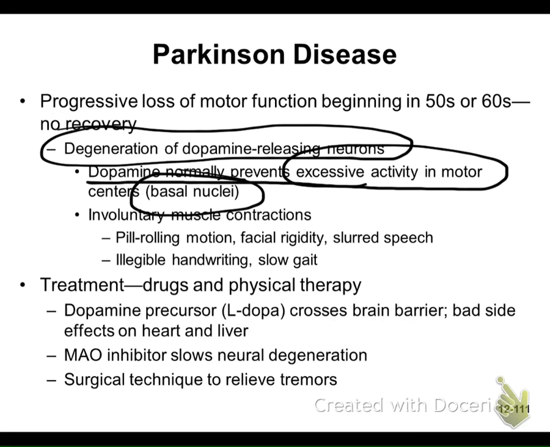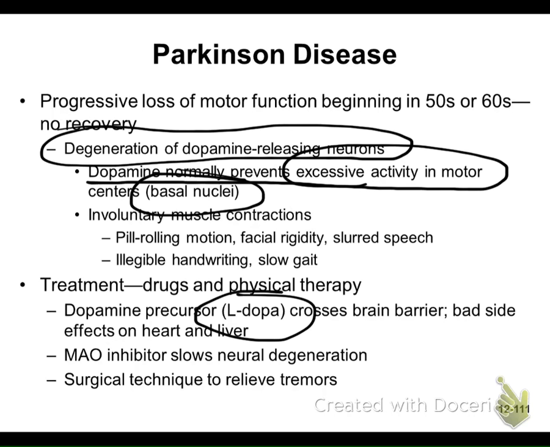So what are the symptoms of Parkinson's? Excessive motion, right? And so these individuals start getting these Parkinsonian tremors. If they had normal dopamine, then that excessive movement would be restricted, right? So because they don't have the dopamine, they're shaking uncontrollably. Okay, so not much we can do. We're getting better at it. We can give people a drug that's dopamine-like.